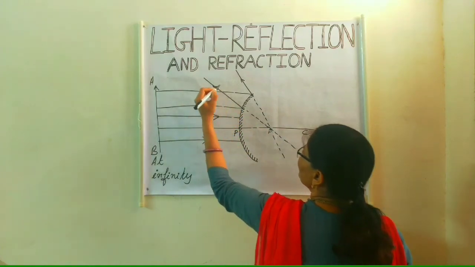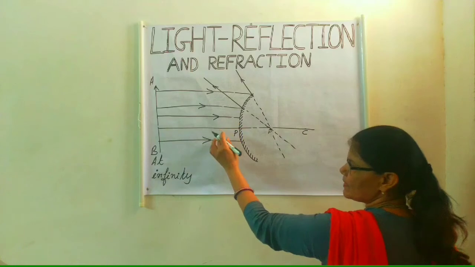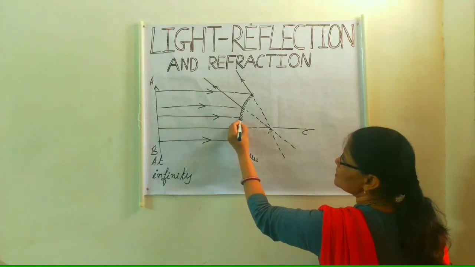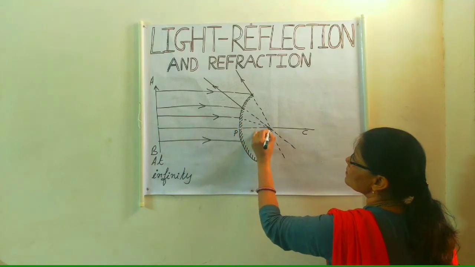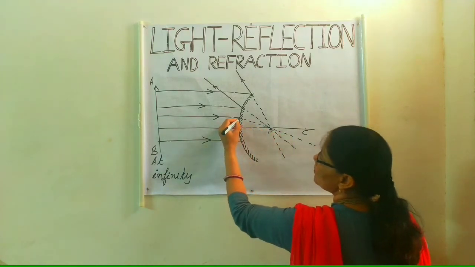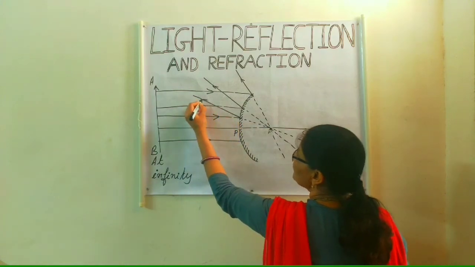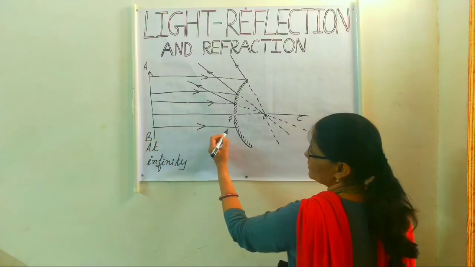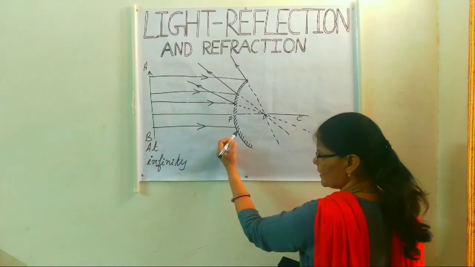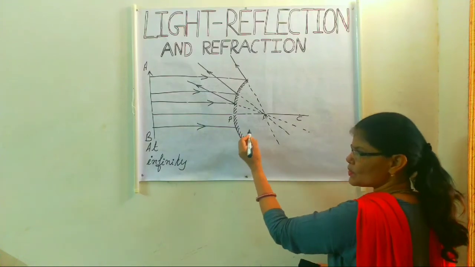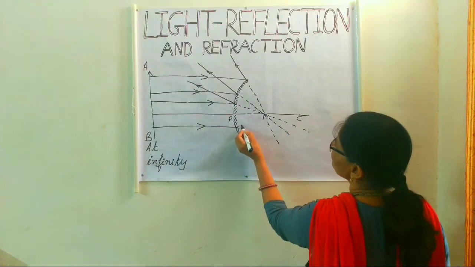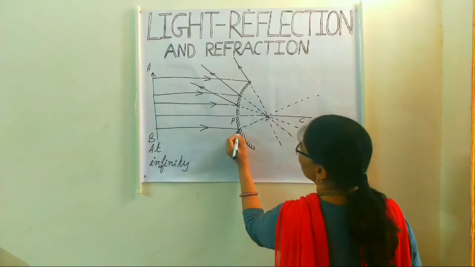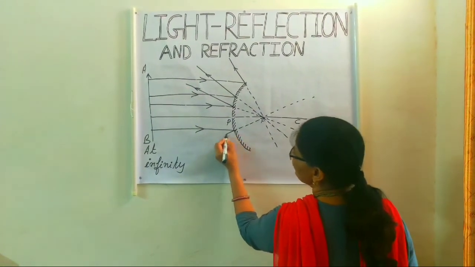When this line, which is parallel to the principal axis, is incident here, it will again pass through the focus like this, and from this point it will emerge like this arrow. When we consider this parallel incident ray, it will also pass through the focus according to our first rule, and at the point of incidence it will be reflected like this.